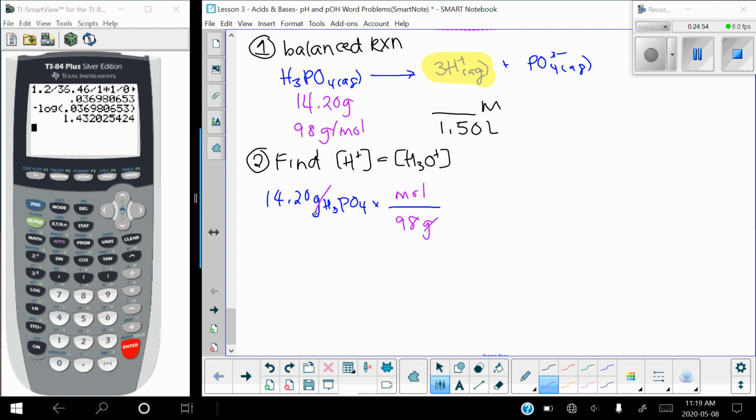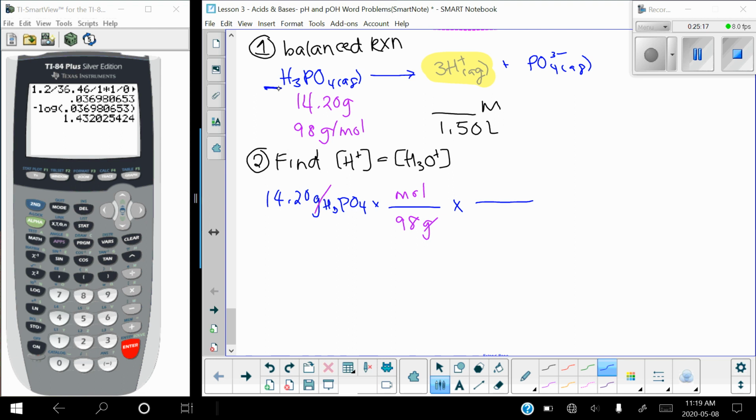From here, now that I have moles of my known, I can use my molar ratio to convert this into moles of my unknown. So you're going to go moles.